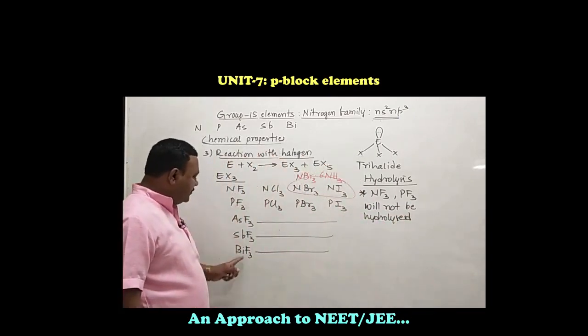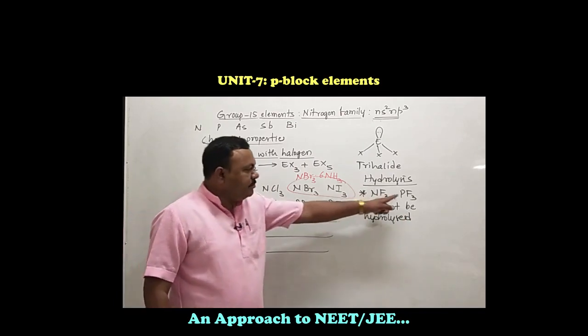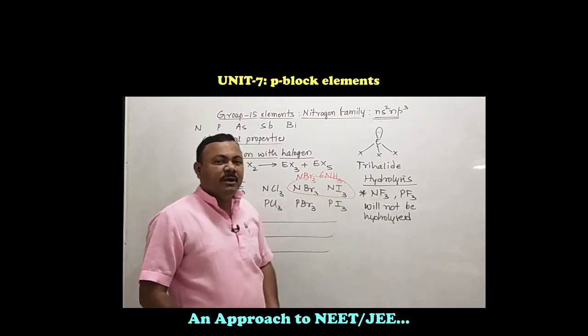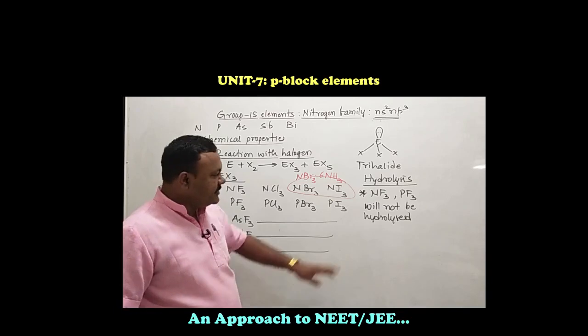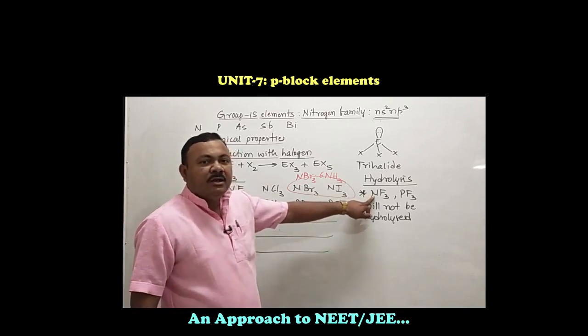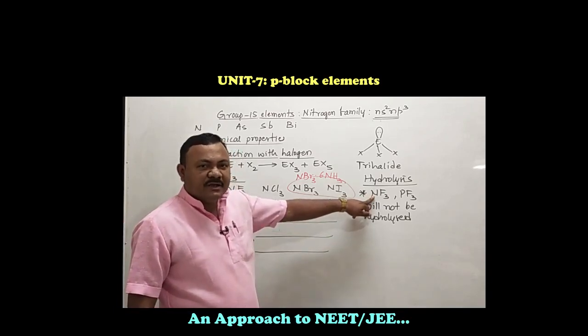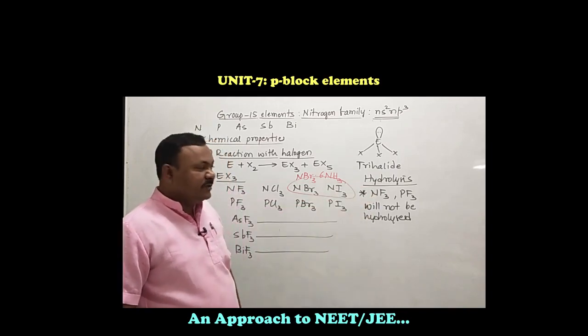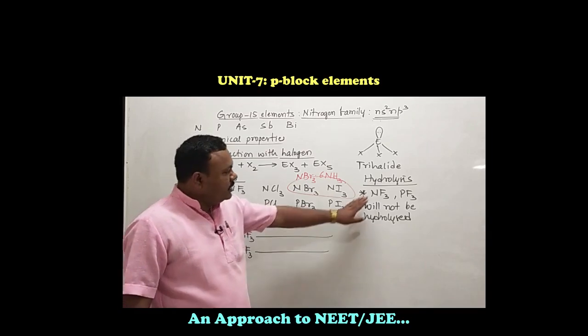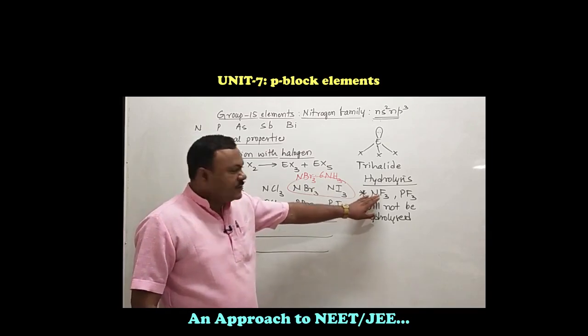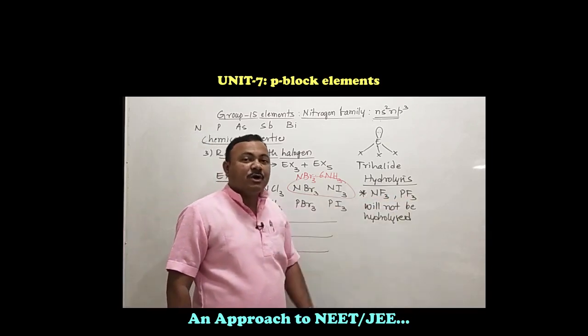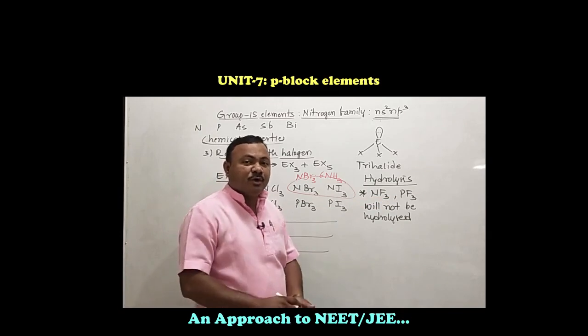NF3 and PF3 are the trihalides which will not be hydrolyzed. Remember the reason for this. In nitrogen, we don't have d orbital in the valence shell. Due to non-availability of d orbital in the valence shell, NF3 will not undergo hydrolysis. PF bonds are stronger covalent bonds. Therefore, PF3 will not undergo hydrolysis.